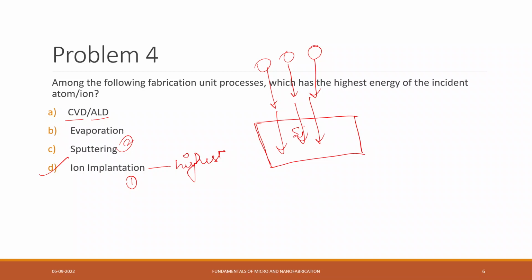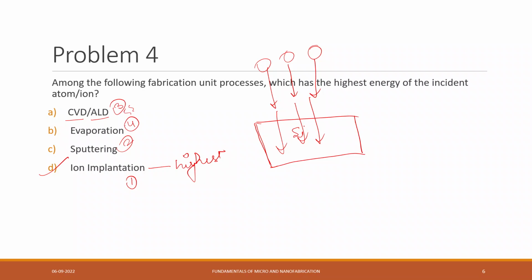And then comes CVD and ALD. These are gentler processes. And then the evaporation. CVD and ALD are kind of similar. I think evaporation would be the more gentle one.